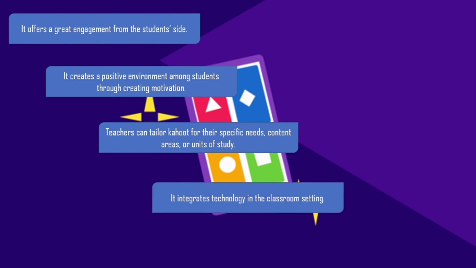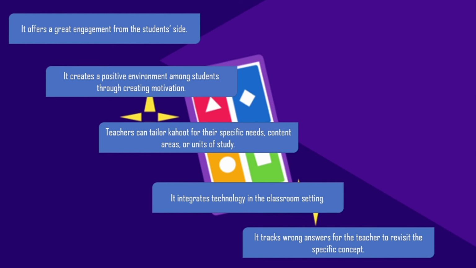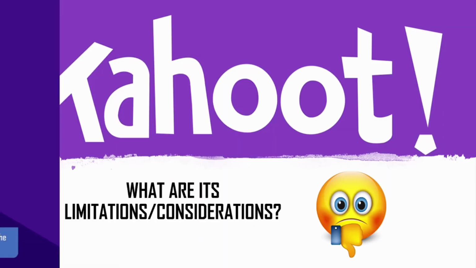More so, it is a wonderful way to integrate technology into any classroom environment, especially that our learners today are 21st century learners and the advent of technology is present. Also, Kahoot tracks wrong answers, so you can assess how many students missed a specific concept and revisit it after.